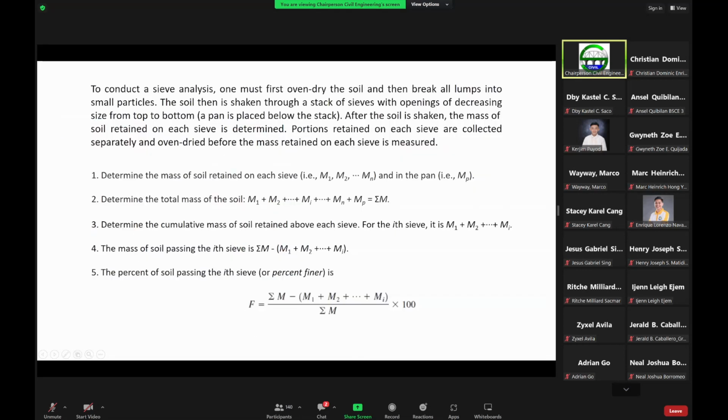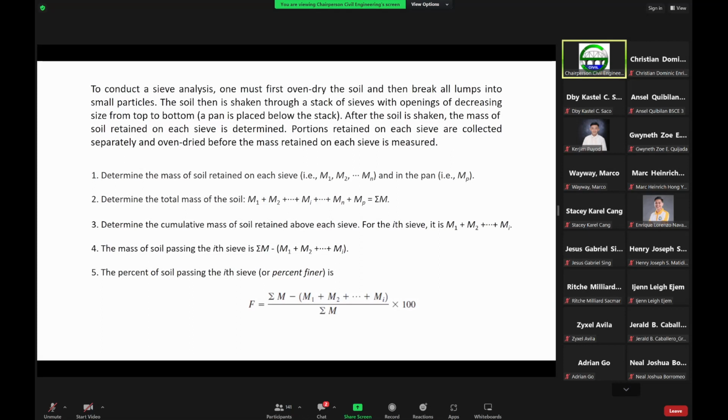Now, in the conduct of sieve analysis, one must first oven dry the soil and then break all lumps into small particles. This is what you do in the lab. Then the soil is shaken through a stack of sieves with openings of decreasing size from top to bottom, so the larger sizes are on top and the smaller sizes at the bottom.